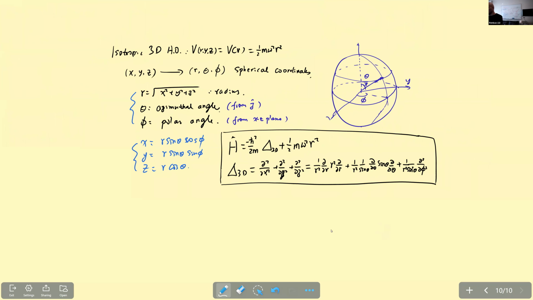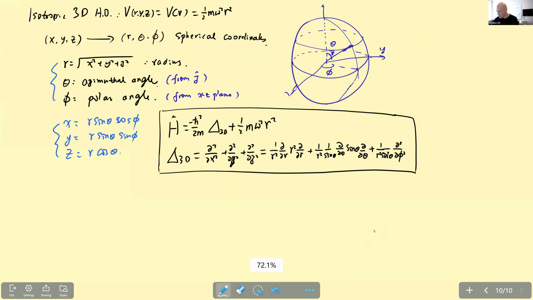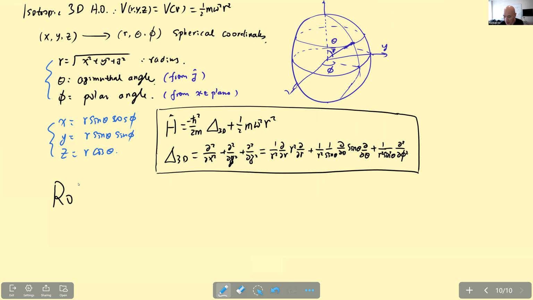Right. So this Hamiltonian obviously has rotational symmetry.